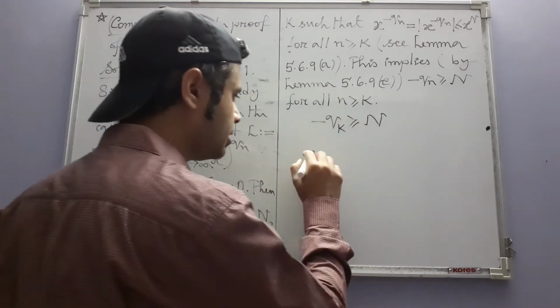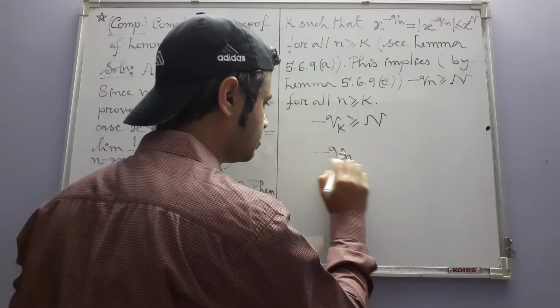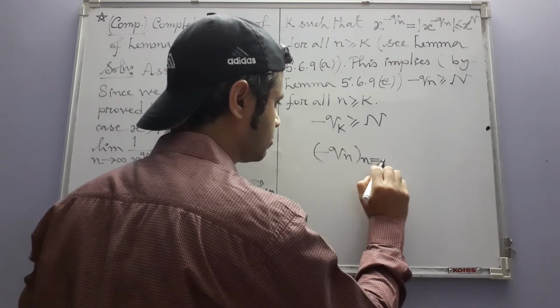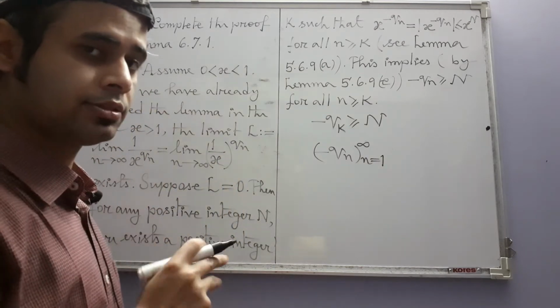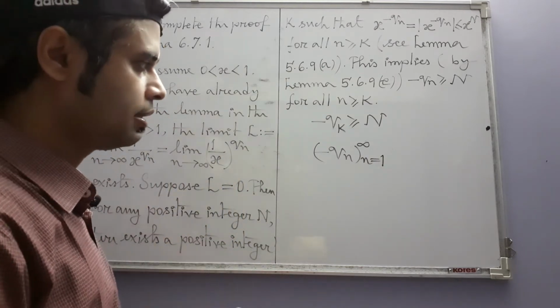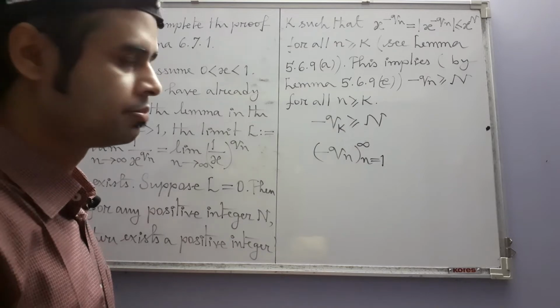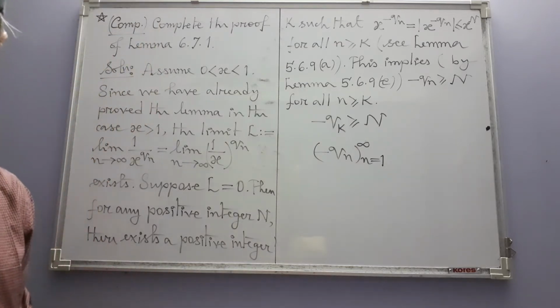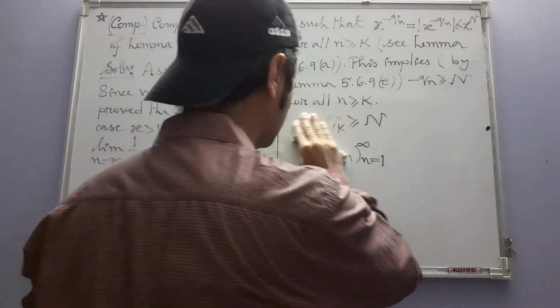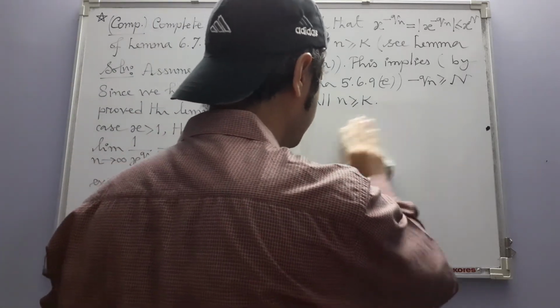So the sequence minus qn is not bounded above. It has no upper bound, and as such it is not bounded in general. That is the conclusion. So we are of course going to write it in one line only.